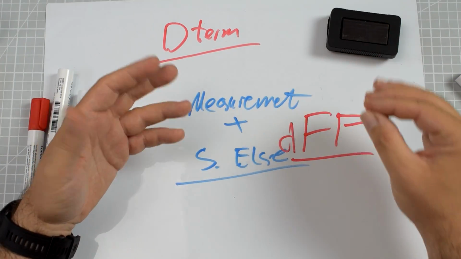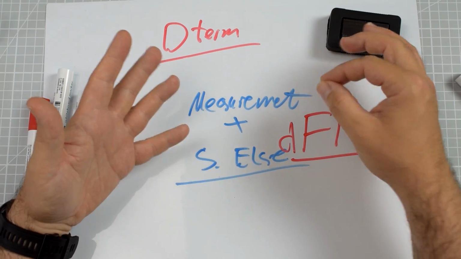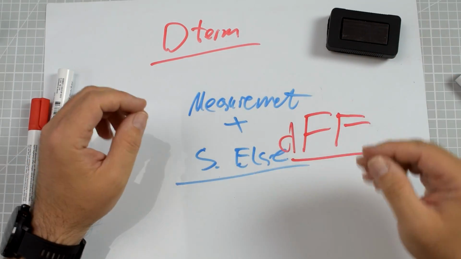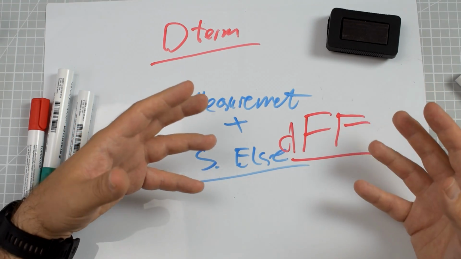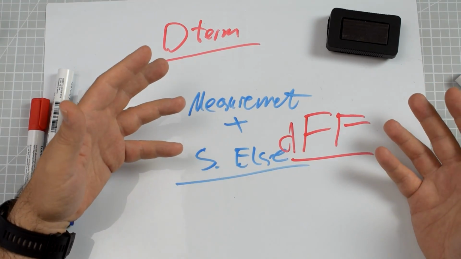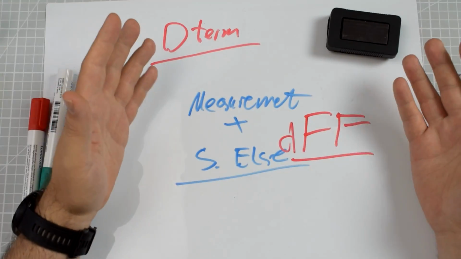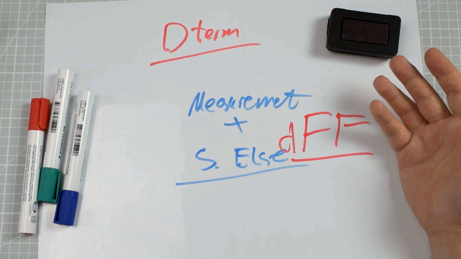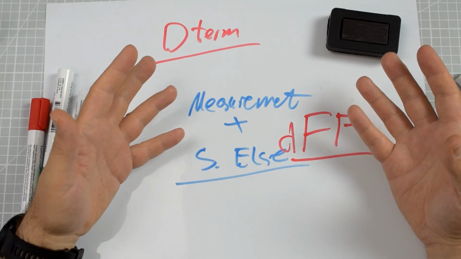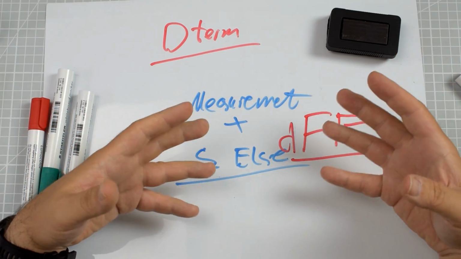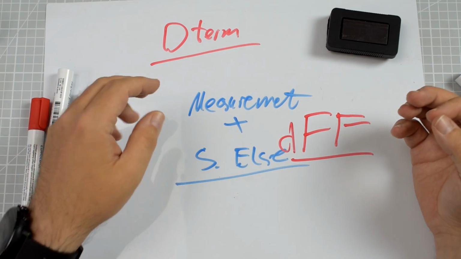But during the beginning of the maneuver, the movement of the sticks, it adds up to the output and helps to have a more locked in, more rapid response of the whole setup. So this is, in the flight controller world, the more modern approach to the problem of having both a nicely damped response and also a nicely rapid response when you move the sticks.